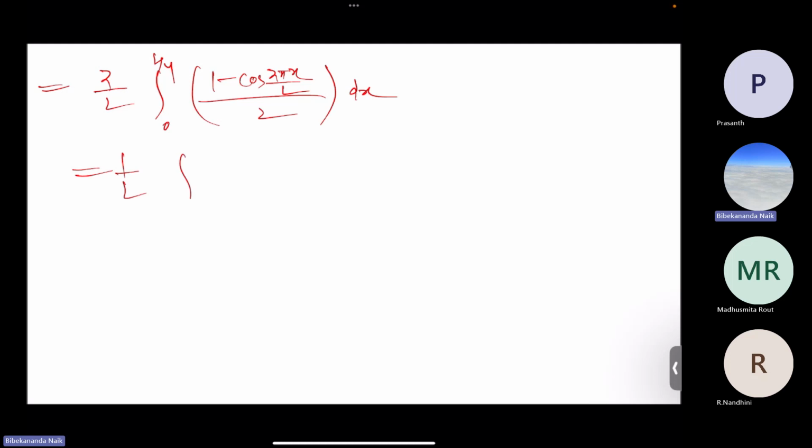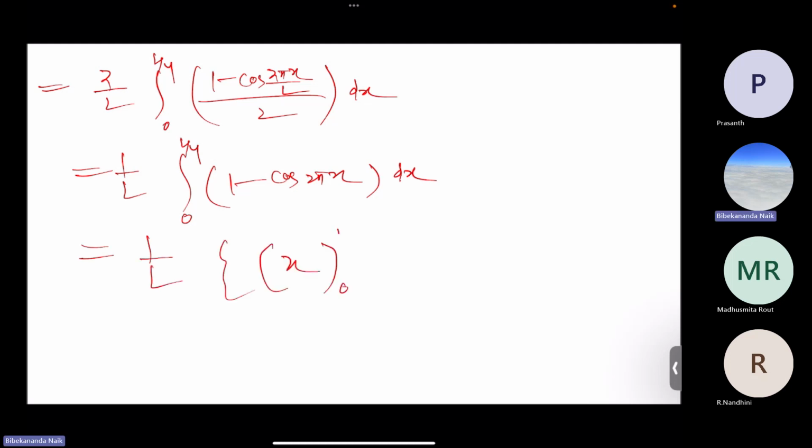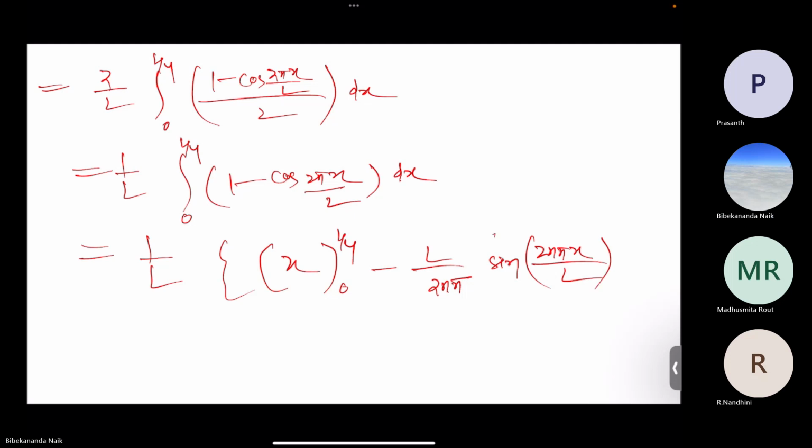It will be 1 by L, 0 to L by 4, 1 minus cos 2 pi x dx. This is 1 by L, x from 0 to L by 4, minus L by 2n pi sine 2n pi x by L, from 0 to L by 4.